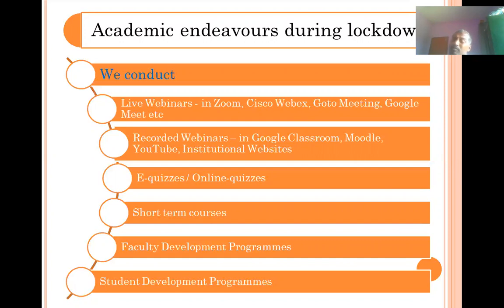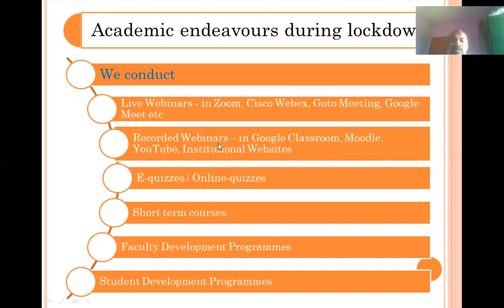So what kind of programs do we organize? Sometimes we organize live webinars, and we are making use of such online meeting tools like Zoom, Cisco, GoToMeeting, Google Meet, even Microsoft Teams. So these are all the platforms we are using to deliver the content live.